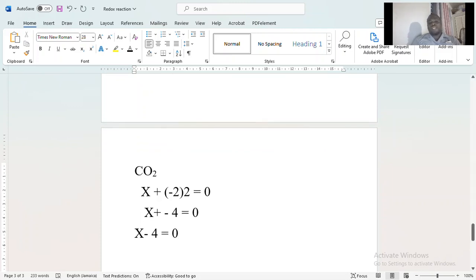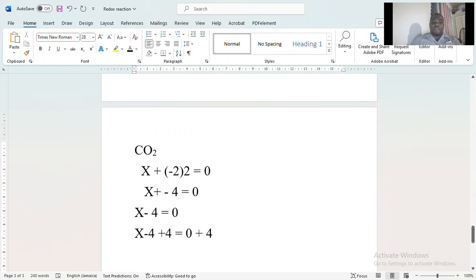We want to get X by itself, so X minus 4 plus 4 equal 0. Whatever we do to one side, we have to do to the other. So we have to add 4. This is X equal plus 4.